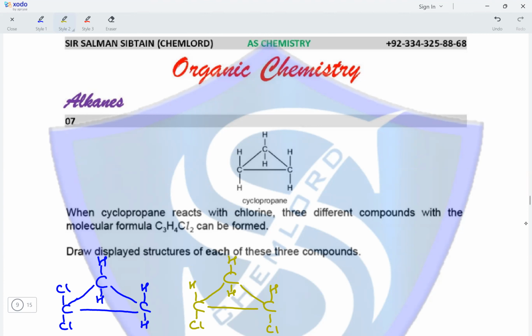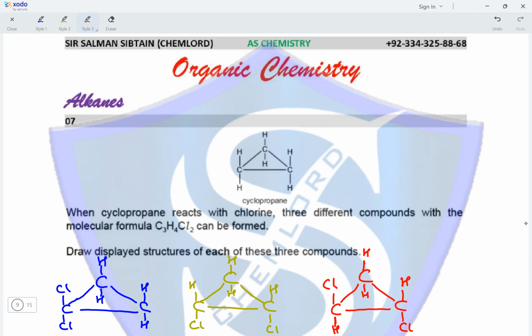And a third one would have the chlorine atoms on two different carbon atoms, but their positions would be different. In the one before, the chlorines were both present below the carbon atoms. In one structure, we can have one chlorine atom above and one chlorine atom below on the other carbon atom, because these carbon atoms are joined together in a cyclic ring and their positions cannot be changed because there is restricted rotation in the cyclic compound.